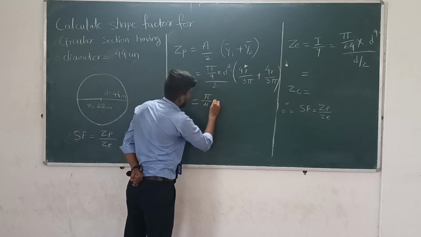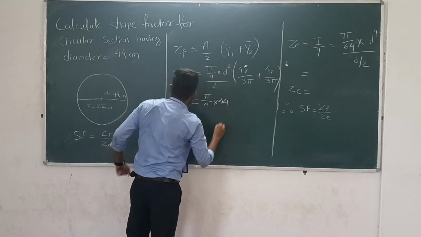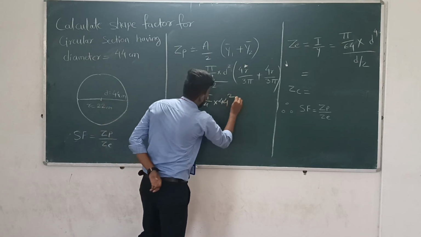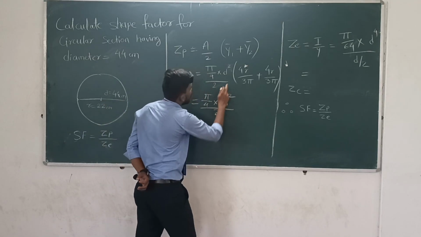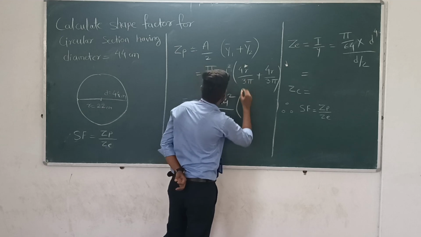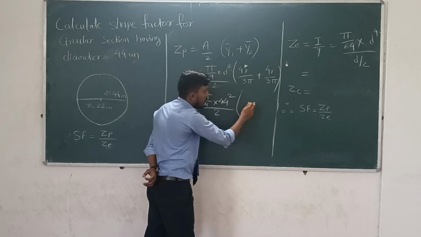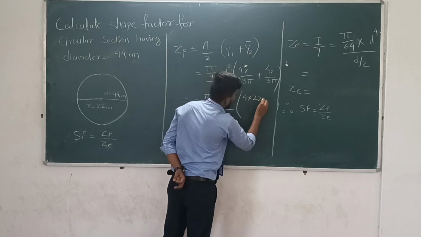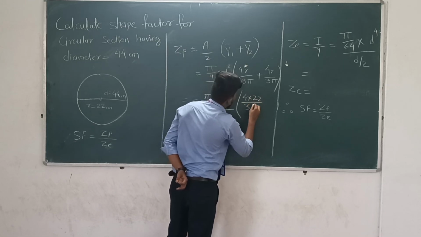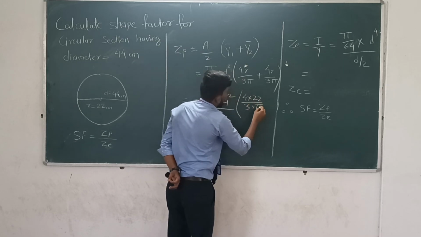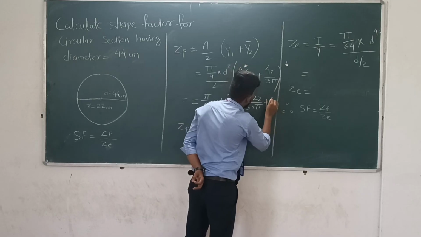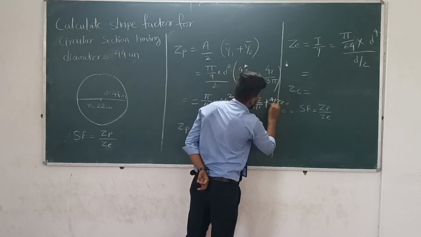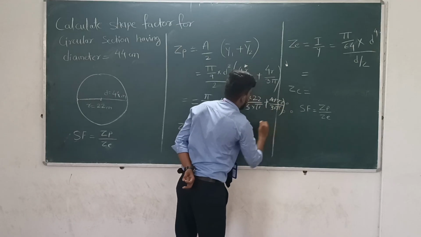Pi by 4 into diameter 44 square divided by 2, in bracket y1 is 4 into r, which is 22, upon 3 pi, and plus y2 is 4 into 22 upon 3 pi.